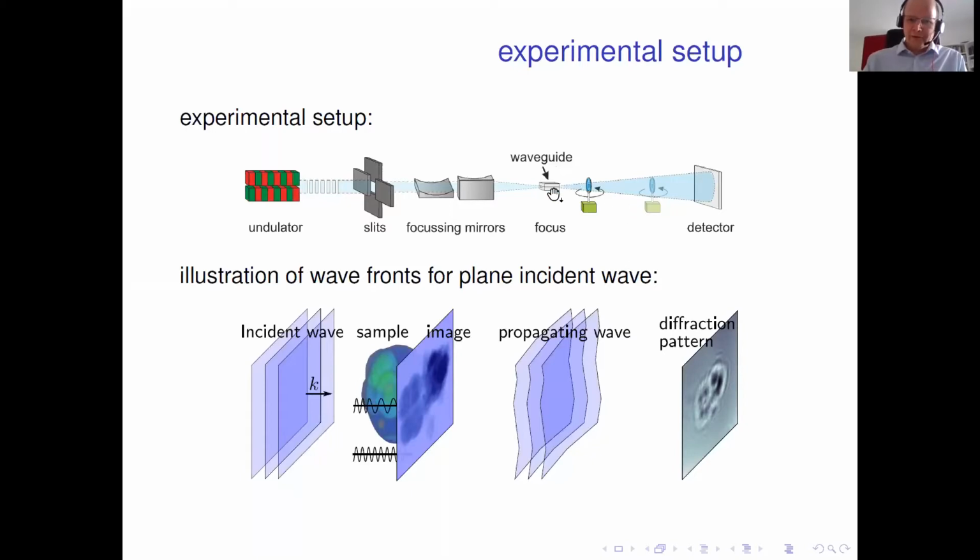Now, after some simple geometric transform, you can map this point source to some plane wave, which penetrates the sample, and then you have here the exit wave, and this plane is called the exit plane.